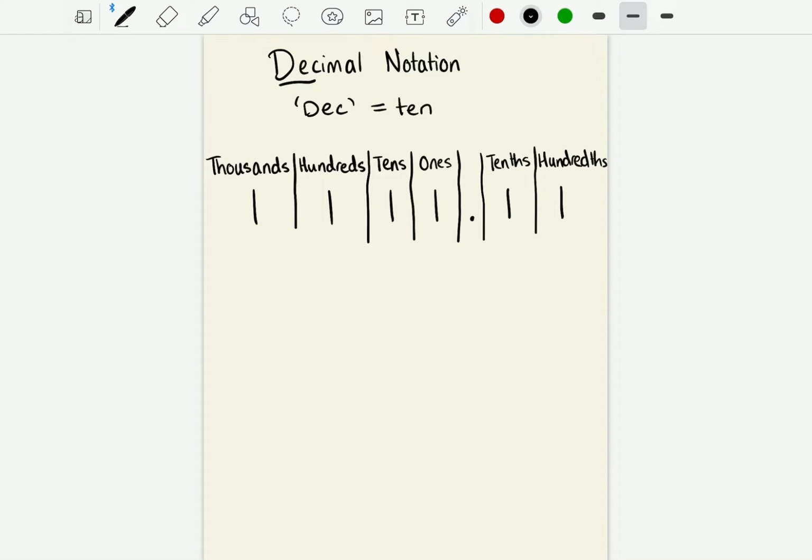Now, we know that this column here is the ones column. So that represents units. Now, I'm going to show you why the number 10 is so important. Let's consider the question, how many times larger is the tens column from the ones? So if we go from ones to tens, how much bigger is 10?